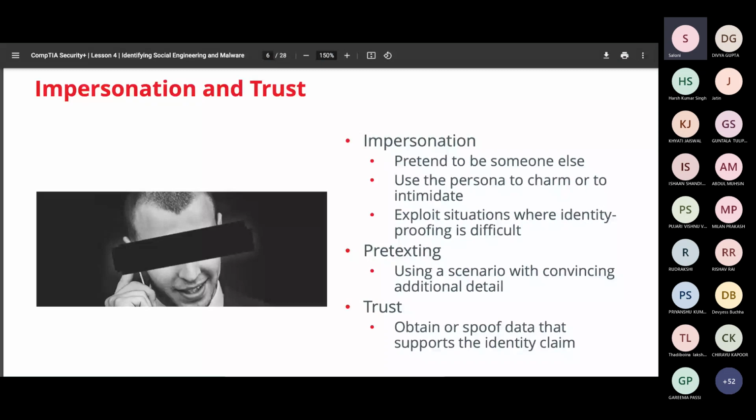So making a convincing impersonation, establishing trust with the target, usually depends upon the attacker obtaining some privileged information about the organization.